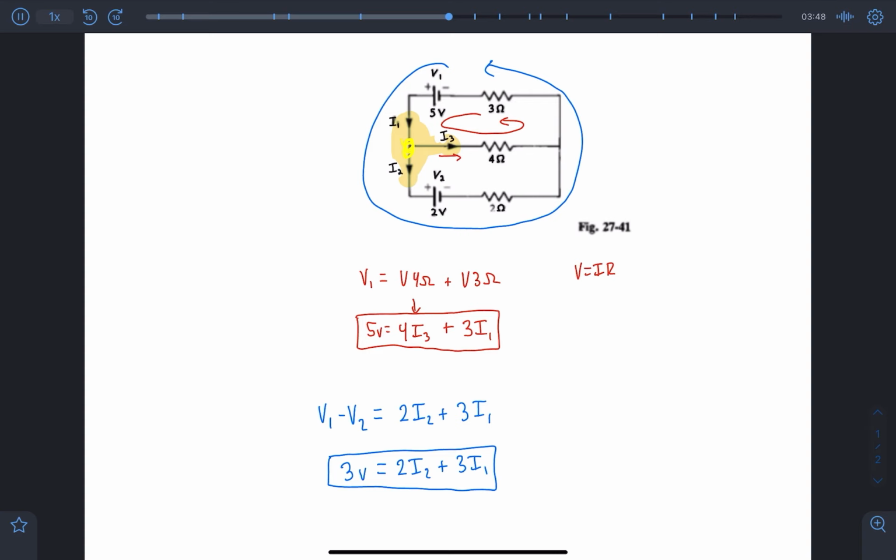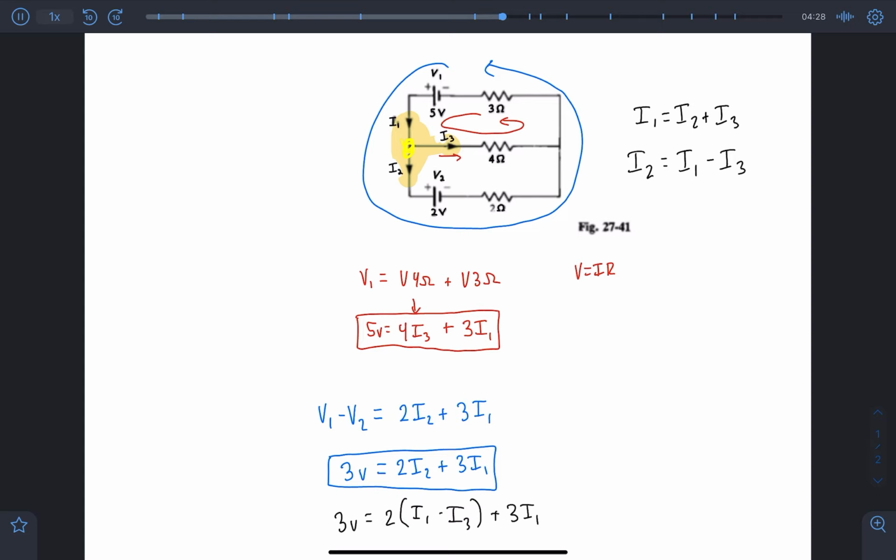So using KCL, we know that the sum of all the currents going in, which is I1, is equal to the sum of the currents going out, which is I2 plus I3. And so by that logic, we know that I2 is equal to I1 minus I3. We can then substitute that in for I2 into our second equation, and we get that 3 volts is equal to 2 times (I1 minus I3) plus 3I1.